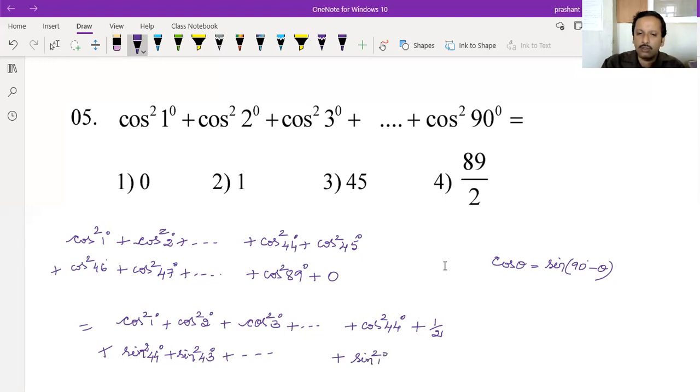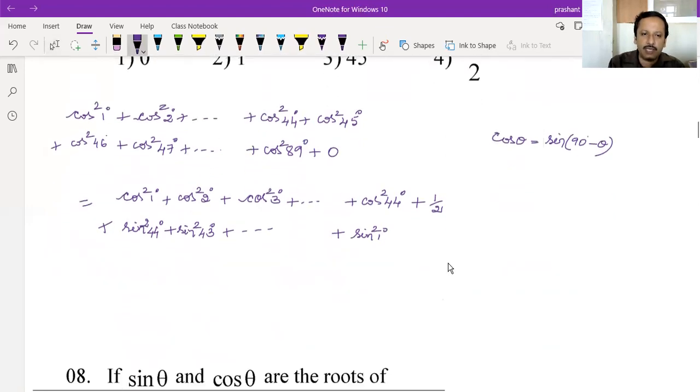Okay. Now that's equal to, you see there is cos square 1 degree plus sin square 1 degree. I'll write that 1. Plus here cos square 2 degree is there. Just before this, the previous term would be sin square 2 degree. That sum is 1. Cos square 3 degree plus here previous term is sin square 3 degree. That is 1. Here cos square 44 is there.